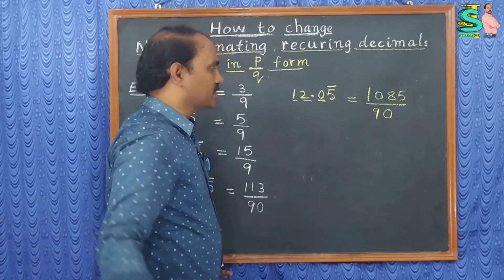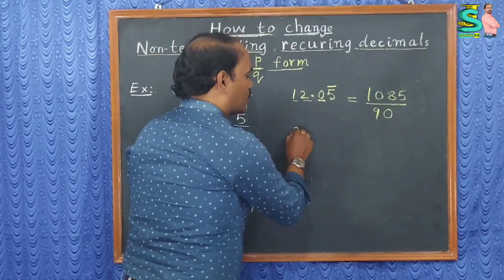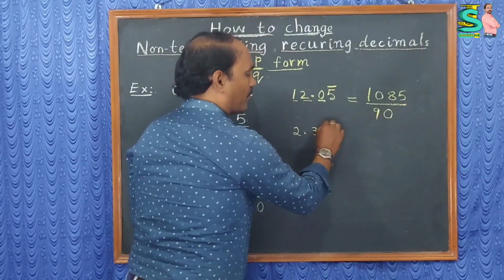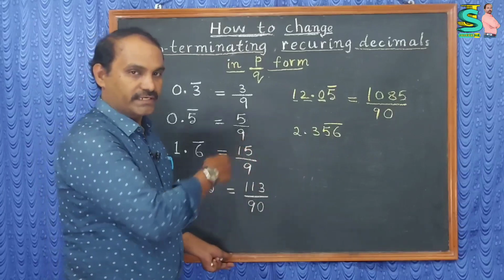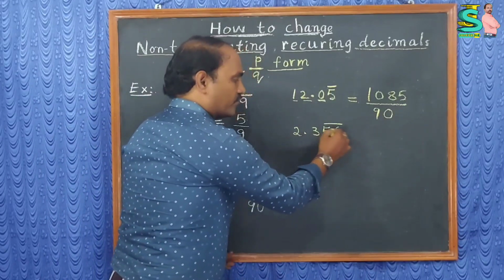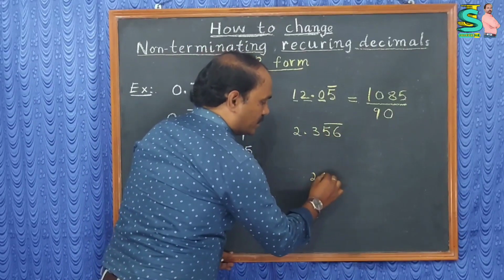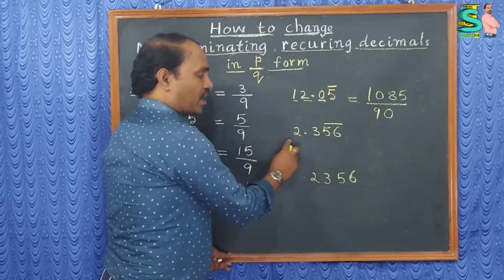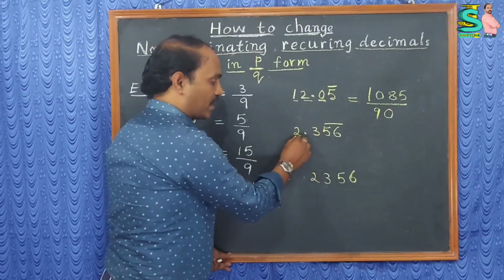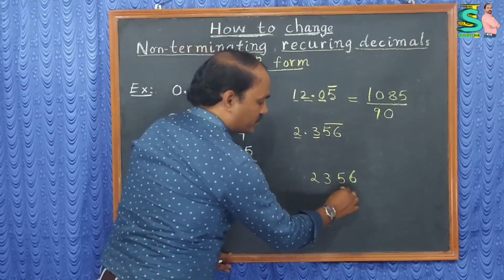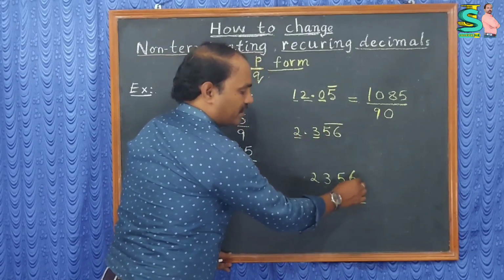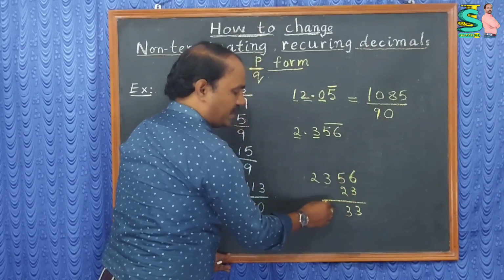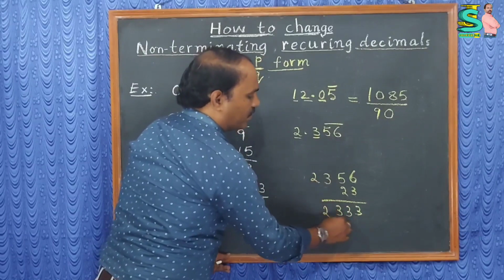Okay. Next, for example, 2.356 bar. How can we write this one? First, without the bar you should write the complete 2356, and then subtract the number formed by the digits which are not under the bar, 23. Then 6 minus 3 is 3, 5 minus 2 is also 3, here also 3, here 2.